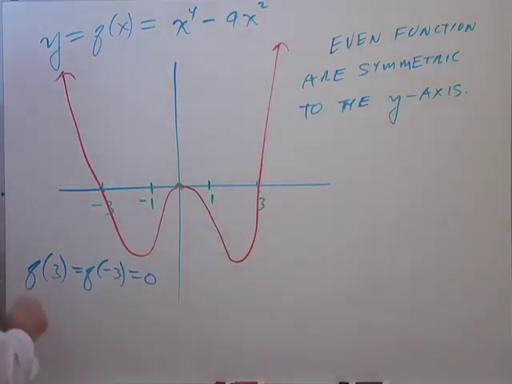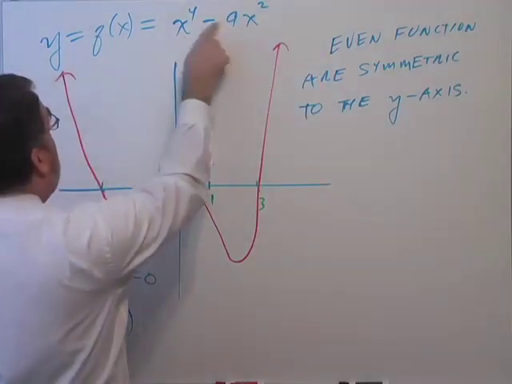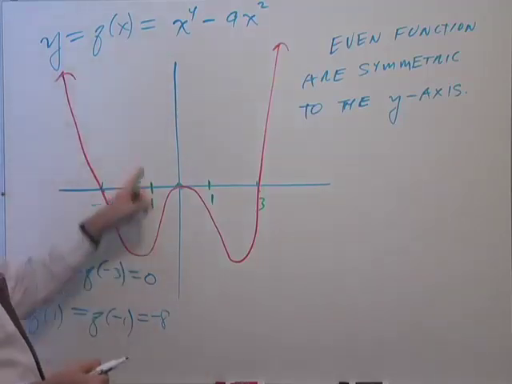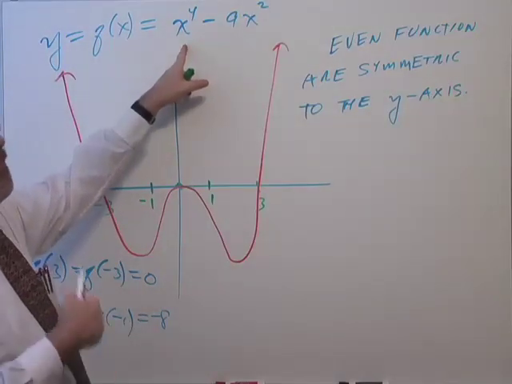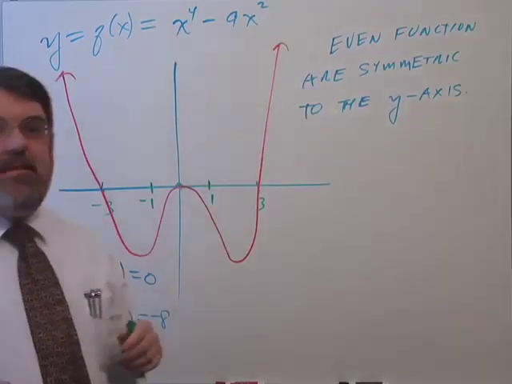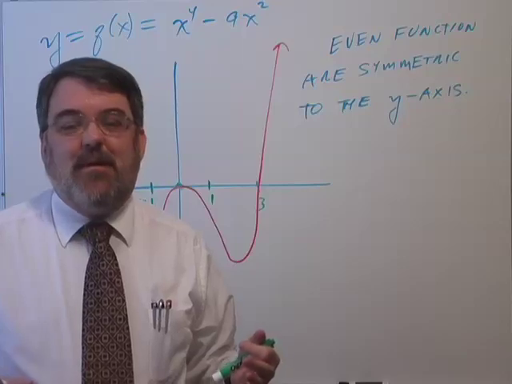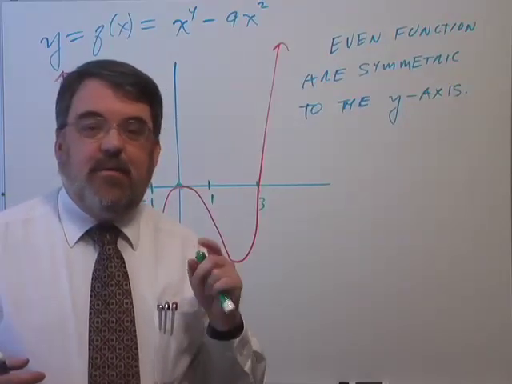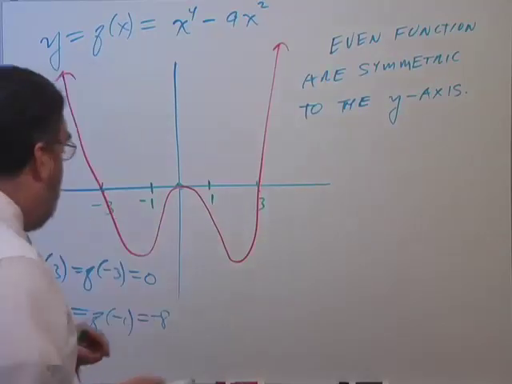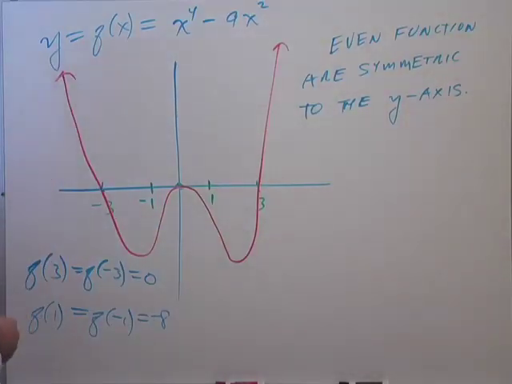It turns out f at 1 equals f of -1. If I put 1 in here, I get 1 minus 9, which is -8. But if you put -1 up here, -1 to the 4th power is +1, and -1 squared is +1. In other words, the negative part of the number cancels out because we're raising that number to an even power. And so f at 1 and f at -1 equal -8.